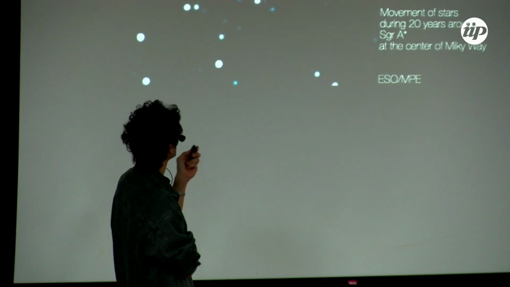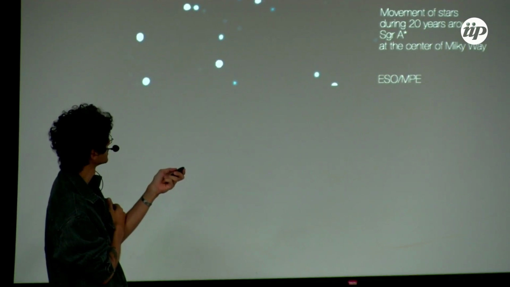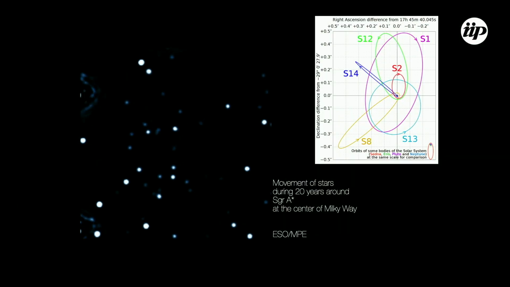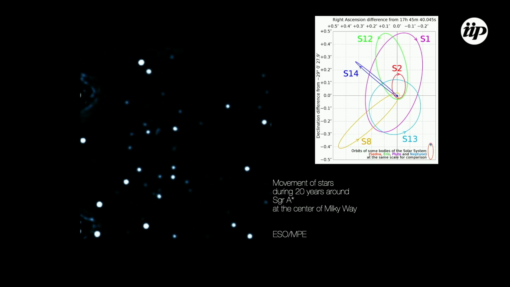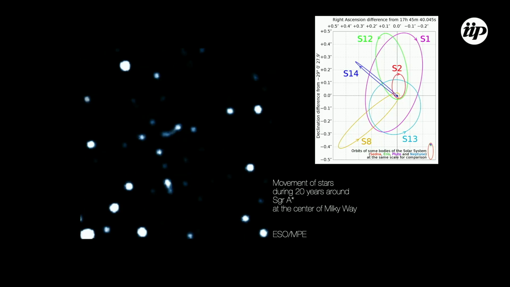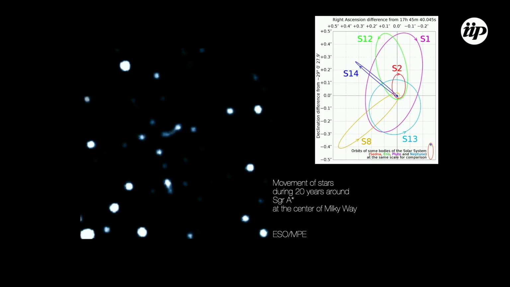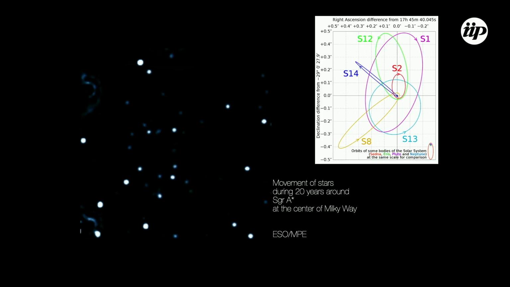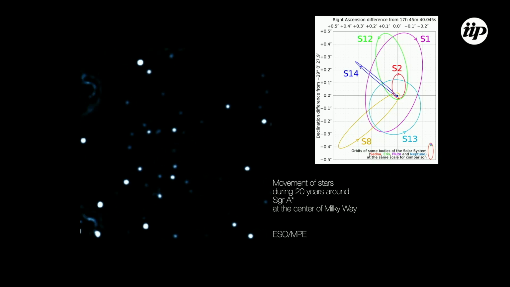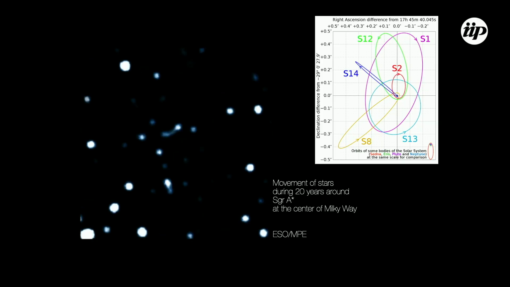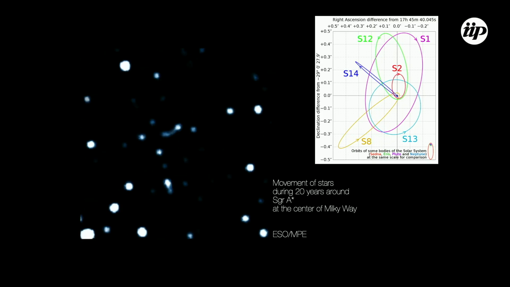And they all revolve around a point in the middle, which doesn't appear here. It's black. It's dark. By the velocity of the orbits, you can compute using gravitation that here in the center must be a very massive object, which is black. And so this was a candidate for the black hole in the center of the galaxy of the Milky Way.